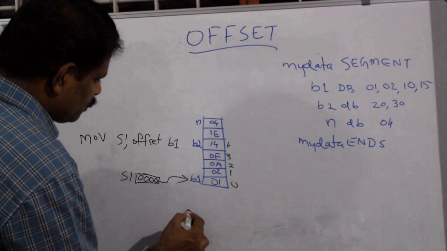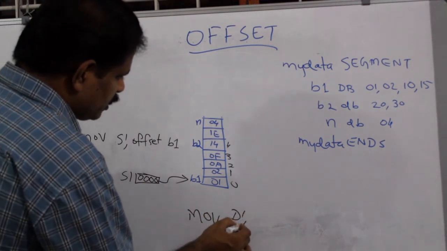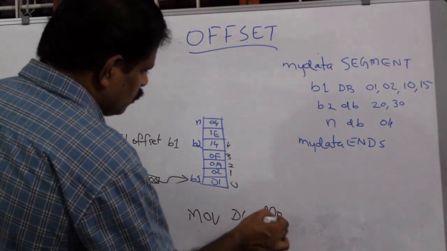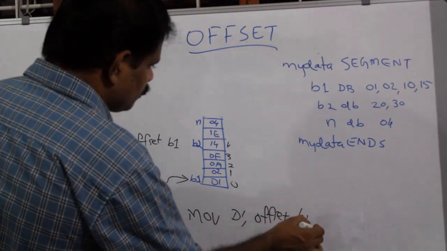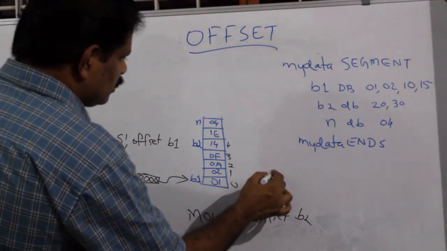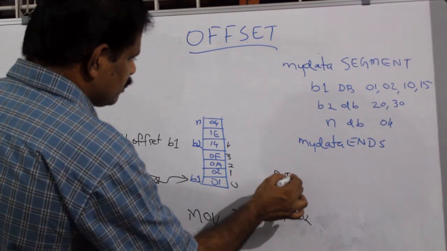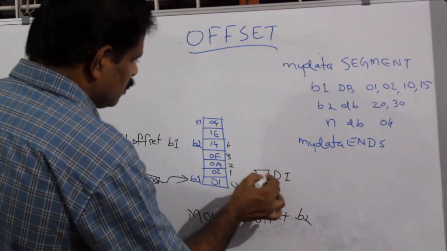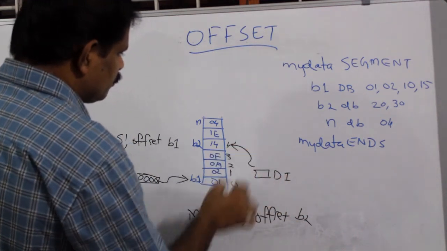Then what about MOV DI, offset of B2? That is, we want to point the DI register to B2.